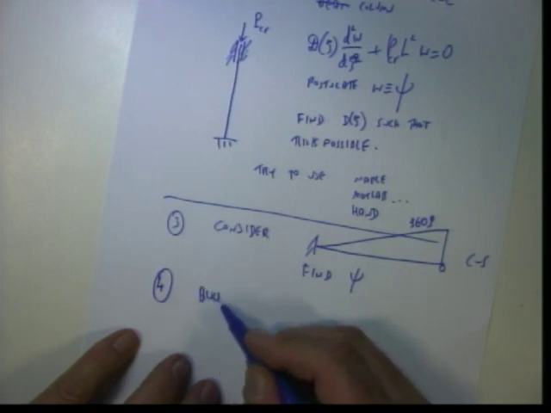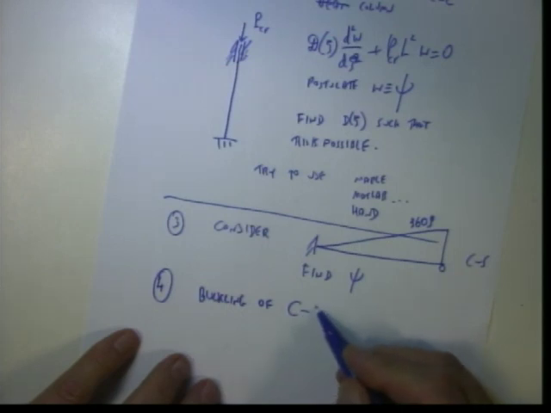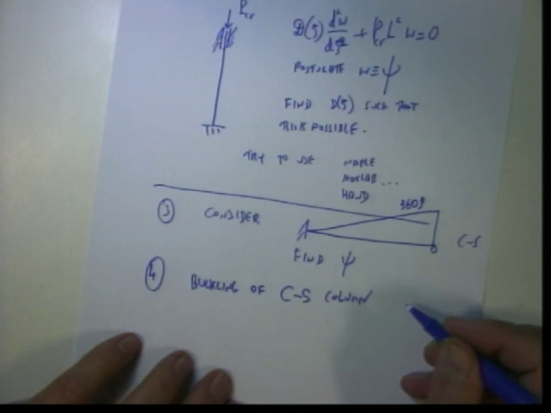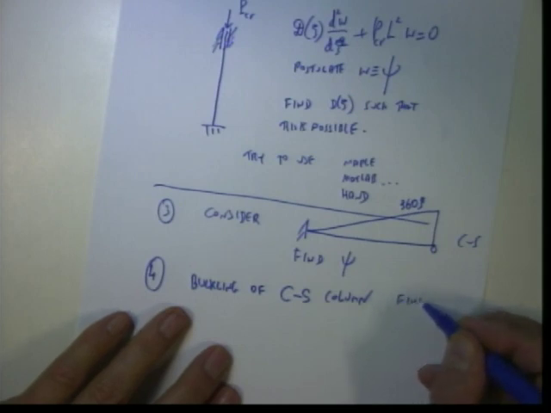Buckling of a clamped simply supported column. Buckling of clamped simply supported. Find d of psi.